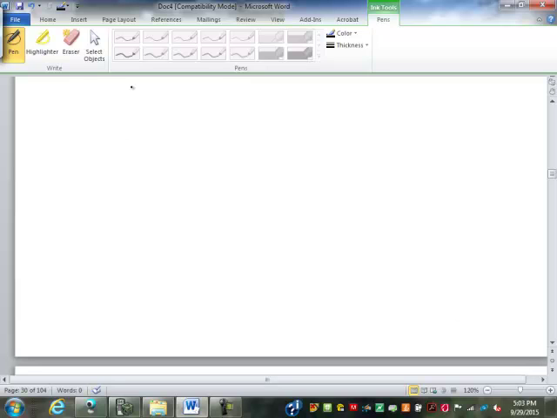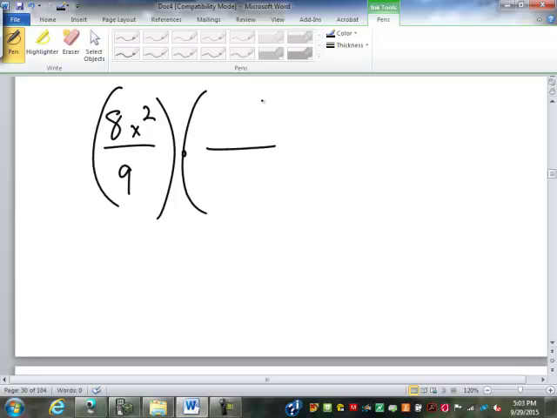Or having something like 8x squared over 9 times, let's use the parentheses, 15y over 16x.